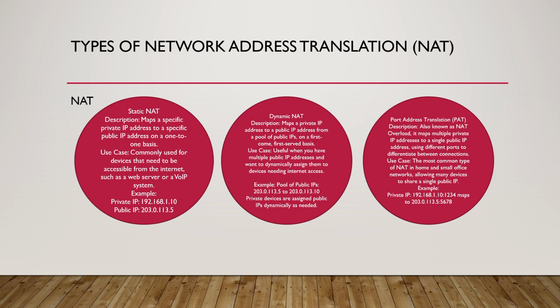The third is port address translation for network address translation, also known as network address translation overload. It maps multiple private IP addresses to a single public IP address, using different ports to differentiate between connections. This is the most common type of network address translation in home and small office networks, allowing many devices to share a single public IP.